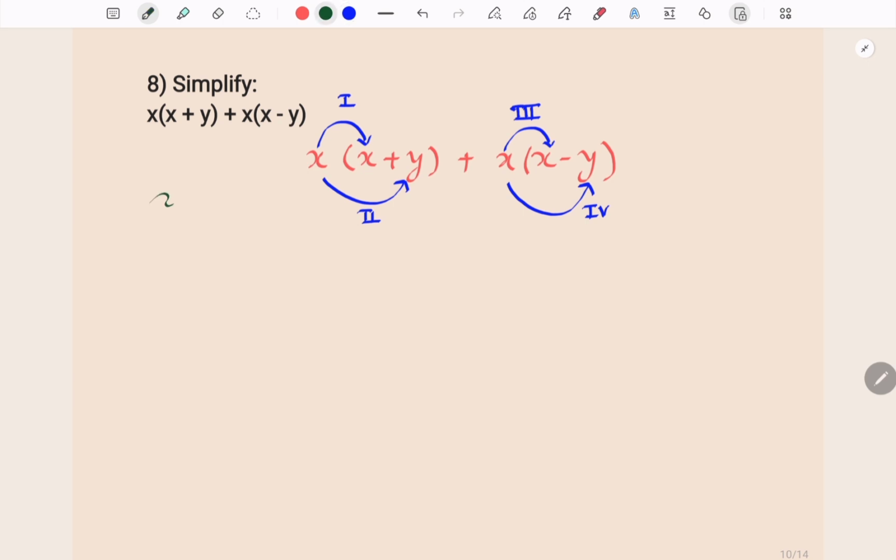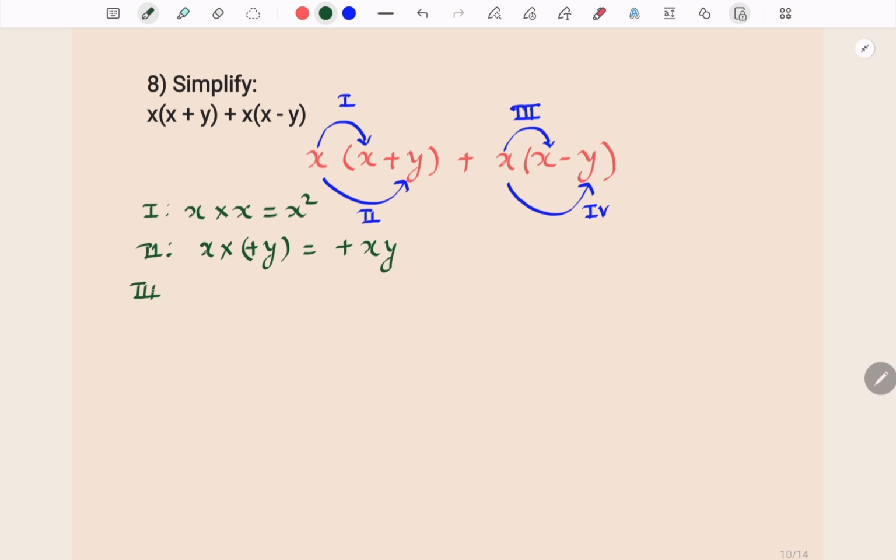Let's do all the multiplications step by step. The first multiplication is x times x. Very easy, x squared. Second multiplication is x times plus y, right? x times plus y is plus xy.